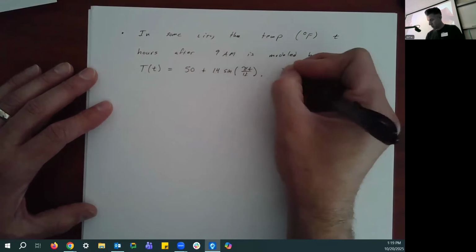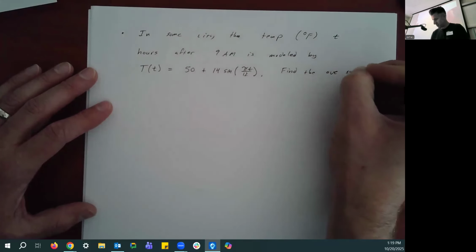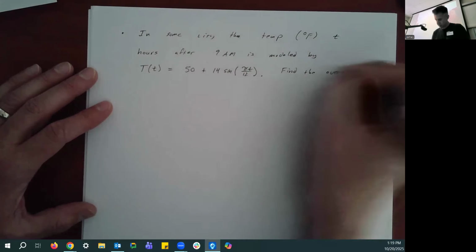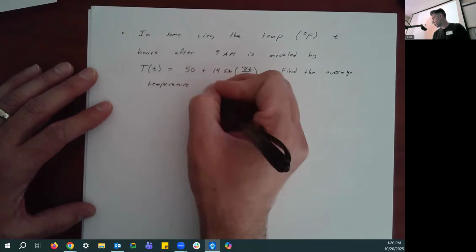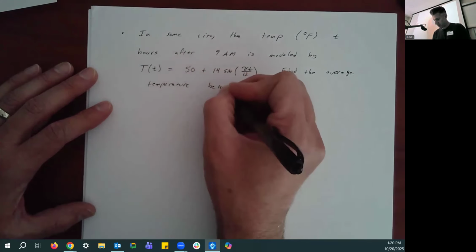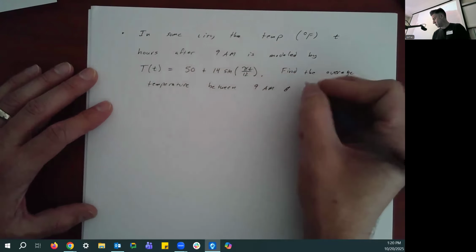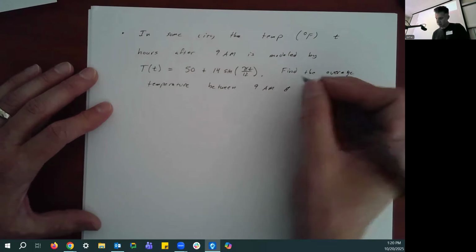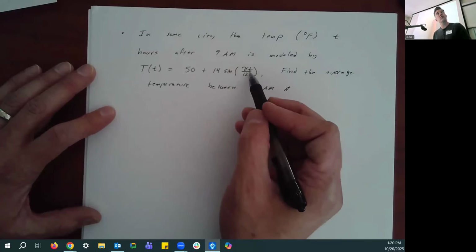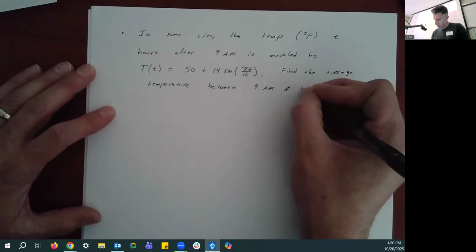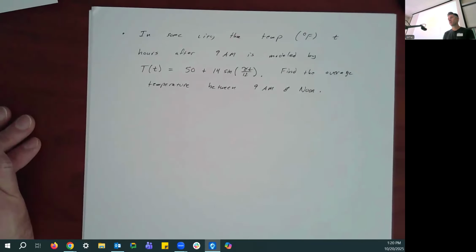We want to find the average temperature between 9 a.m. and, I'm going to pick a more interesting, let's see, 9 a.m. and, sure, noon.